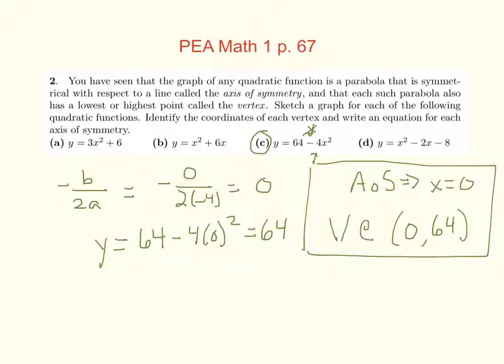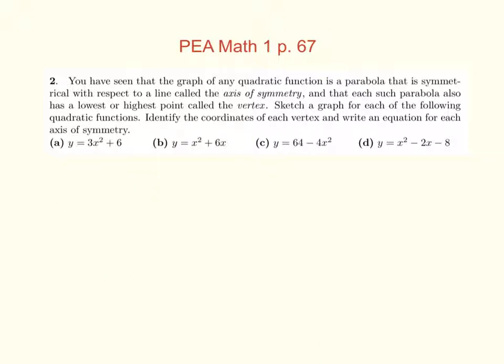All right, and let's try D. Okay, on D, I'm going to do it algebraically first and then show you the way you would do it graphically. But algebraically, you go -b over 2a. So negative, b is -2, right there.